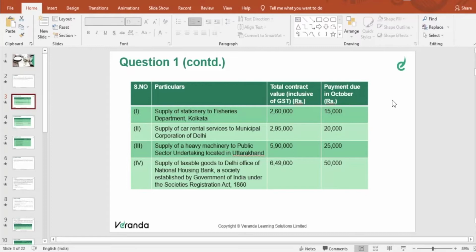The TDS would be deducted on 50,000, which is the payment that is due, and it will be CGST and SGST which is applicable. Perfect. So the TDS would be 50,000 into 2%, that is both CGST and SGST together, which comes to 1,000 rupees. That is 500 of CGST and 500 rupees of SGST.